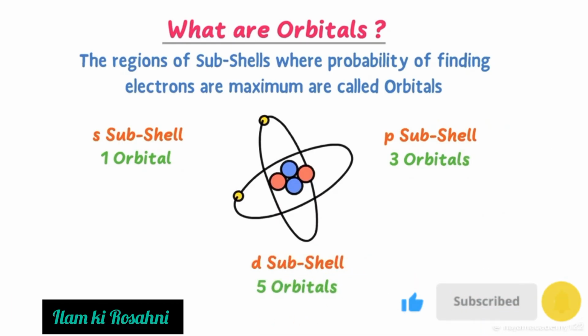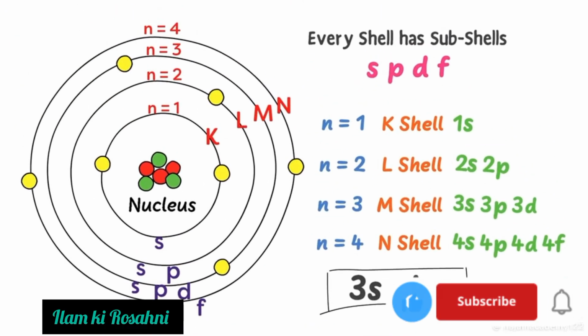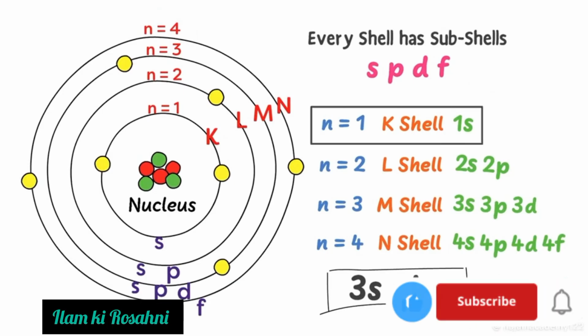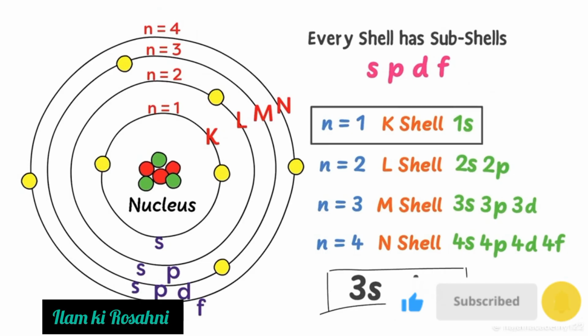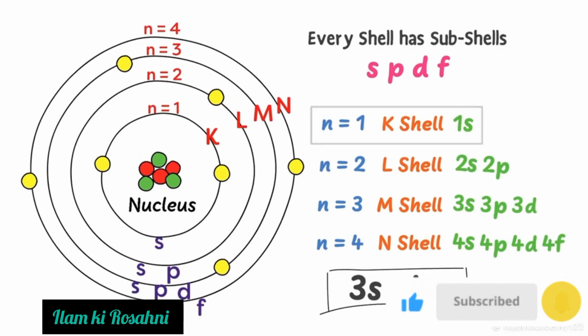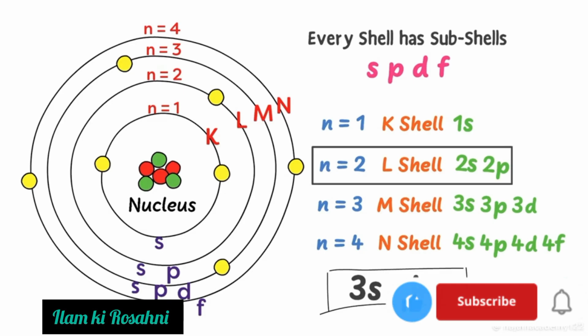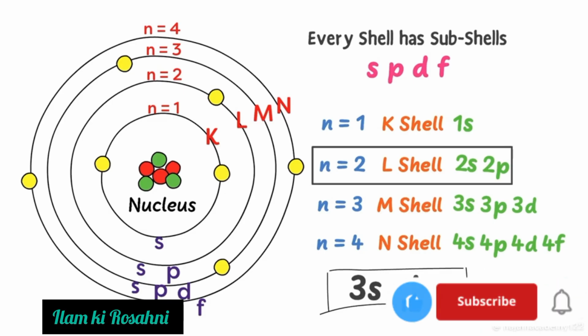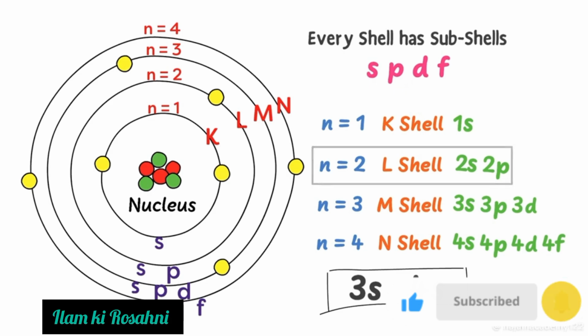To summarize my lecture, we learned that there are different shells around the nucleus. When n is equal to 1, it is the K shell, and it has one subshell, 1s. When n is equal to 2, it is the L shell and it has two subshells, 2s and 2p.